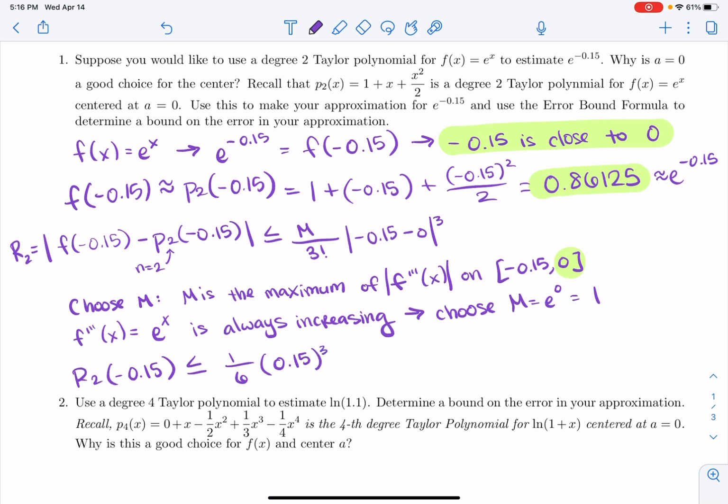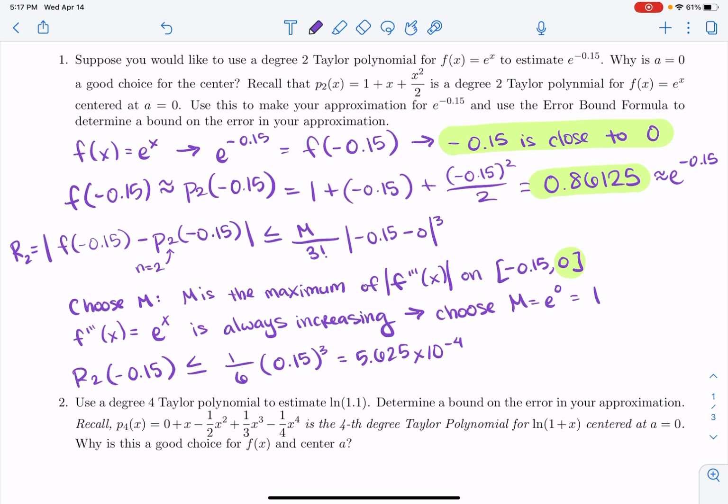Because 0.15 is the absolute value of minus 0.15 minus 0. And what is this equal to? 0.15 to the third power divided by 6 is equal to 5.625 times 10 to the minus 4.